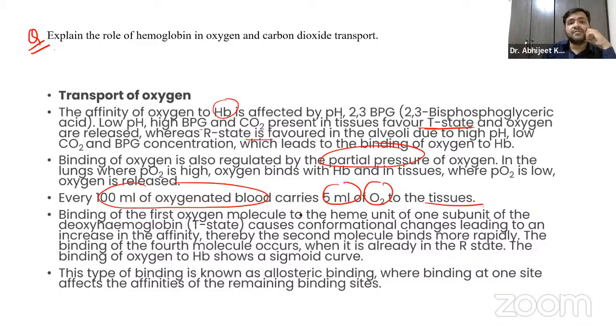Binding of the first oxygen molecule to the heme unit of one subunit of the deoxyhemoglobin T state causes conformational changes leading to an increase in the affinity. The second molecule binds more rapidly. So if the first molecule is binding, the other will be creating a cooperativity reaction to the other sites as well. That is the allosteric binding that we have already discussed. So that is the transport of oxygen.